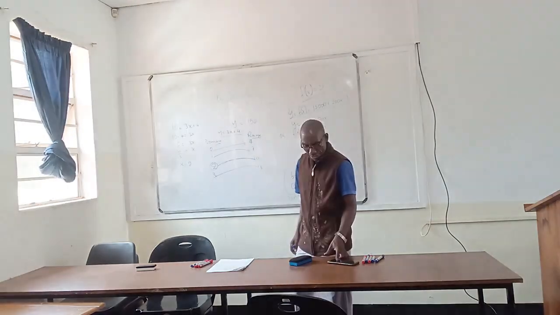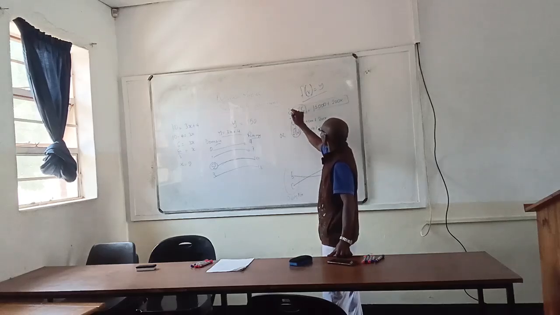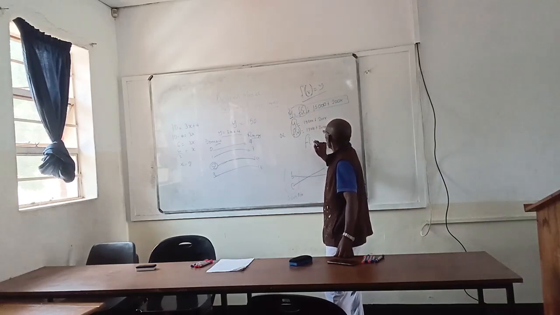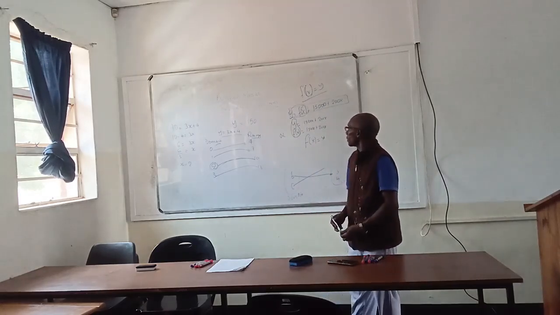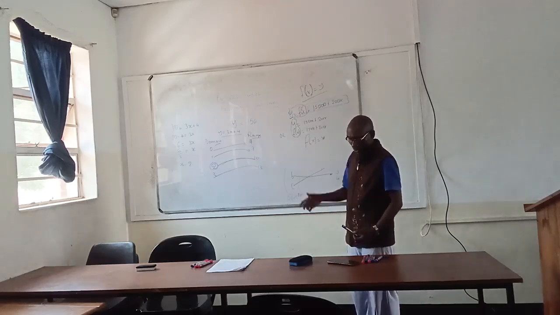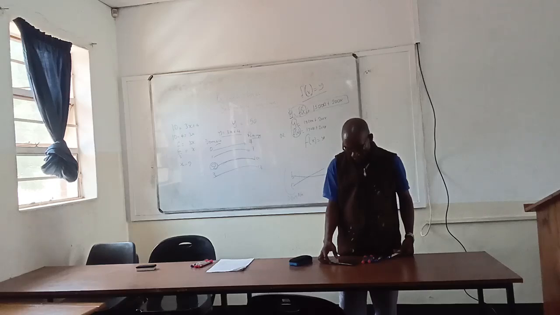That's why we are saying this and this one are the same. f of x is the same as y. So if you write y is equal to this, or write f of x is equal to this one, it speaks the same. In other words, it explains the same.